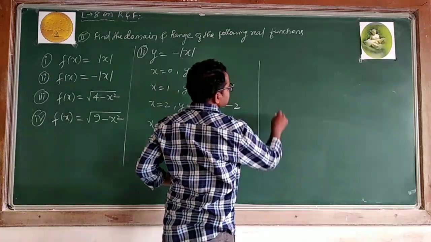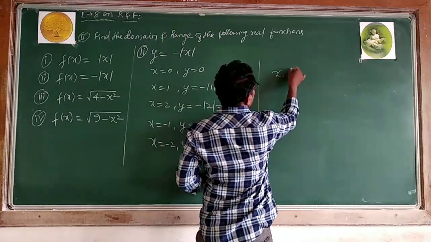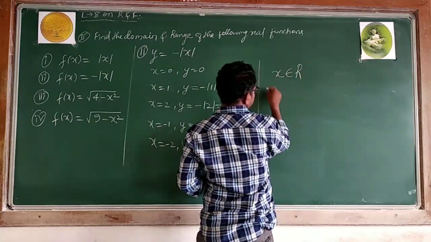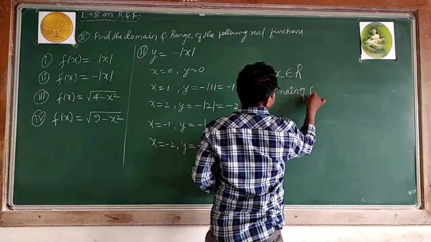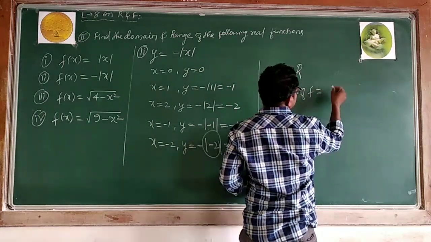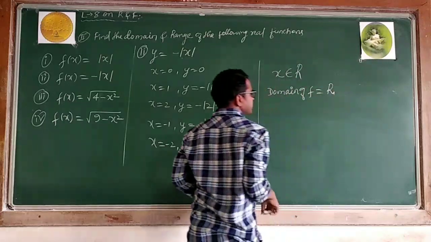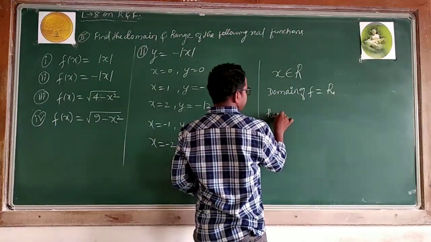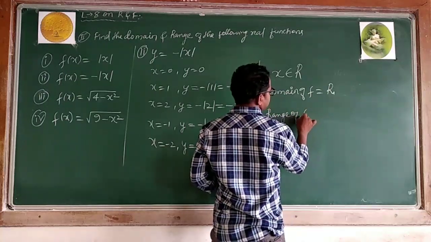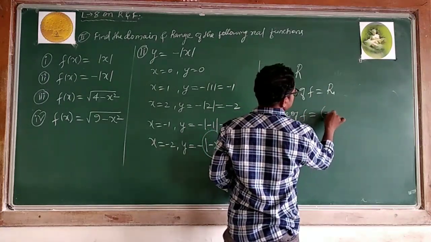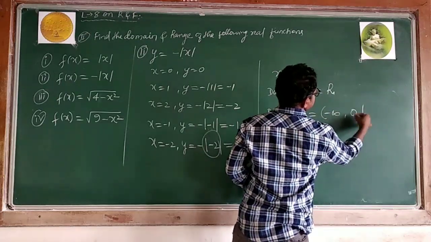What is the domain here? Domain is x belongs to the set of real numbers. So the domain of f is all real numbers. The range of f I can write as minus infinity to 0.